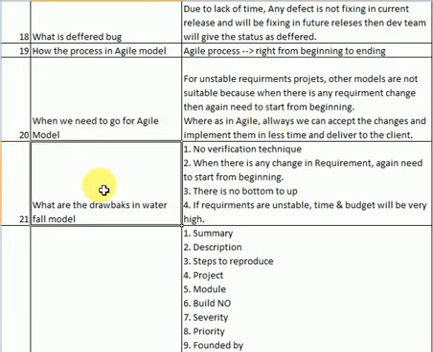21st, what are the drawbacks of the waterfall model? Why are we not using the waterfall model? What are the drawbacks? In the waterfall model, it is always top to bottom: requirements analysis, design, coding, testing, delivery and maintenance. There is no bottom to up. If the requirement changes, again you need to do the requirement phase, again follow the design analysis, again follow the development, again follow the testing.